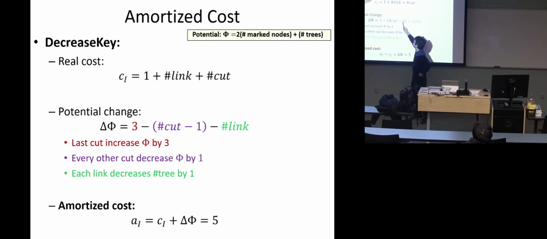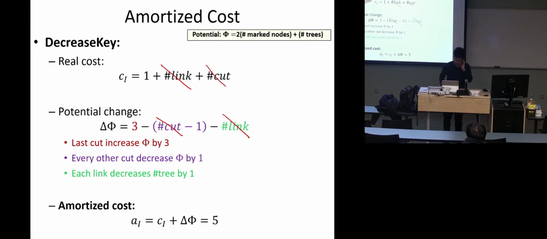All the cuts except the last one decrease the potential. And how about links? Each link also decreases the potential by 1, so you get this. And you see, things cancel really nicely: link cancels with link, cut cancels with cut. And you get 5.